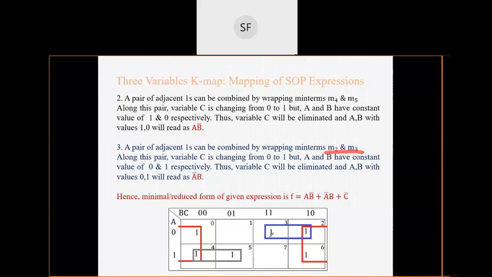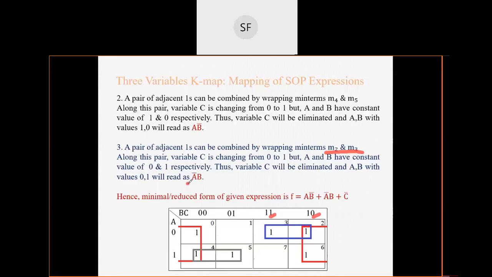You can observe here that the value of C is changing, where A is 0 and B is 1. Hence it becomes A bar B and C will be eliminated. Here it becomes A B bar and C will be eliminated. And the quad gave us C bar as the minimized term. So this is your final expression.